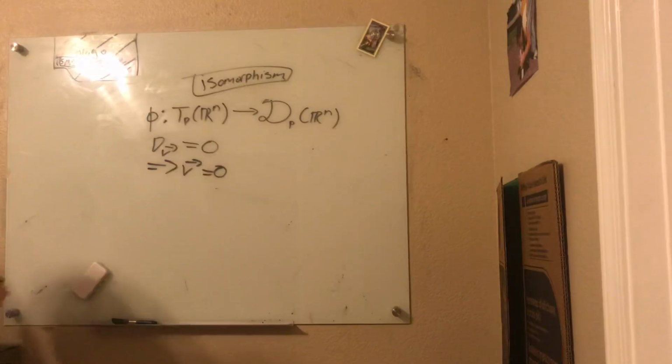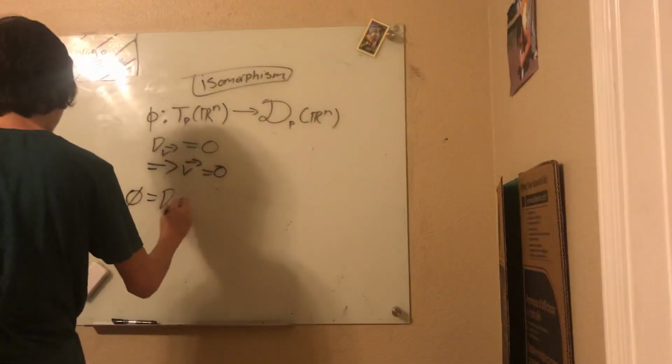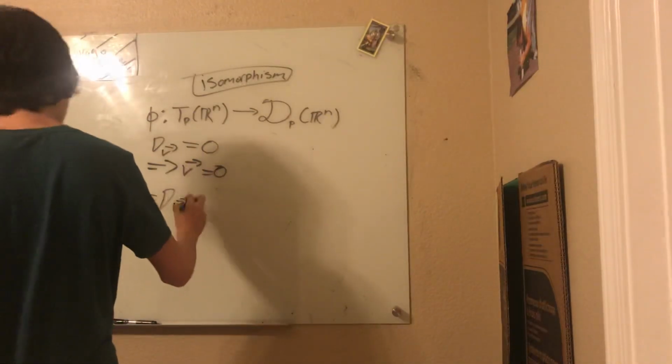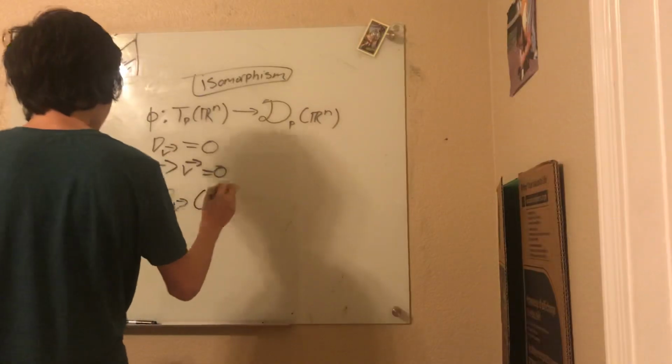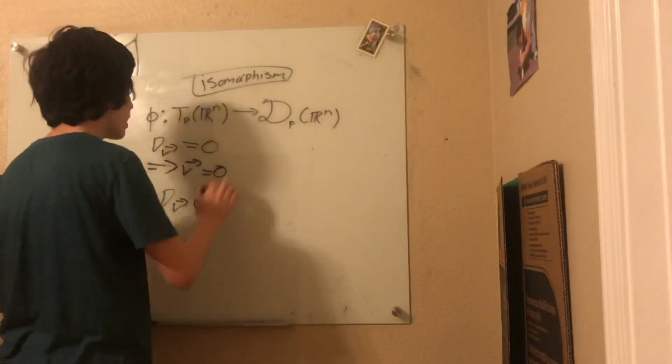So 0 is equal to D_v. And for the input, we'll use some coordinate function x^j, some random j.